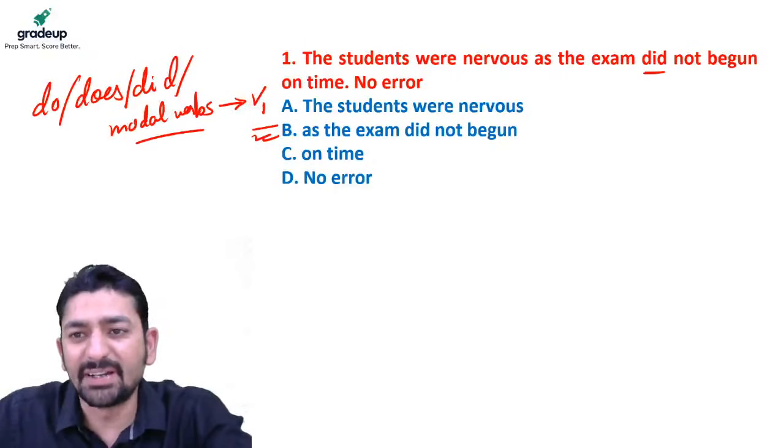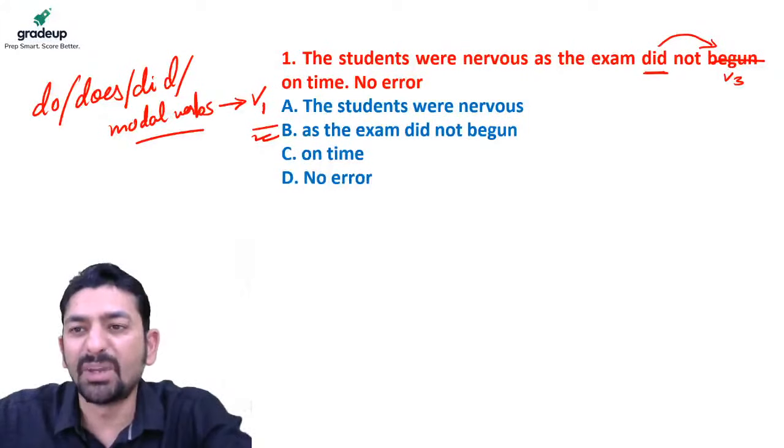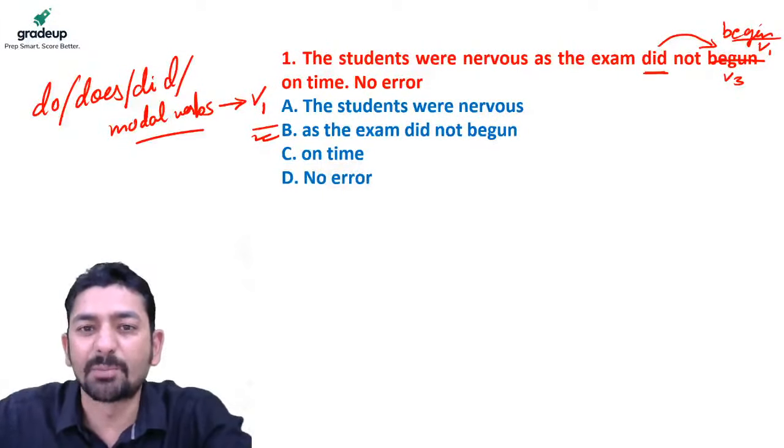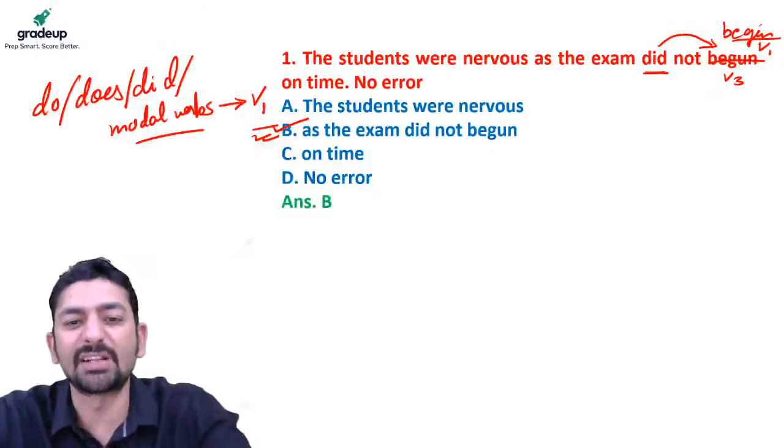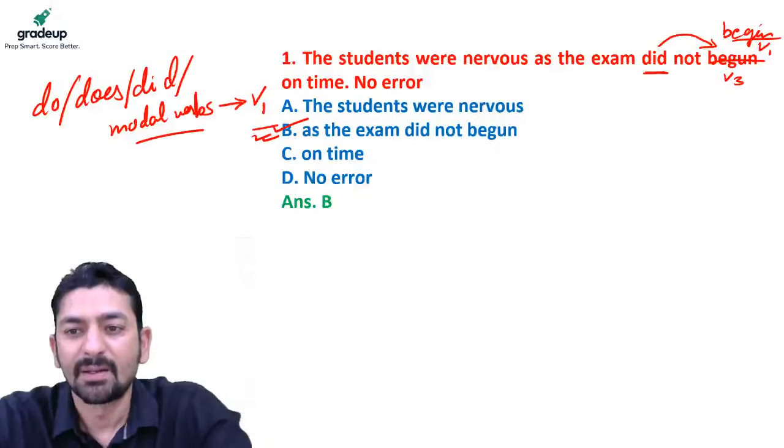So here you have did. After did, you cannot put begun because this is the third form of the verb. So you have to put V1, which is begin. So the error lies in part B. Whoever said B was absolutely correct on this one, guys.